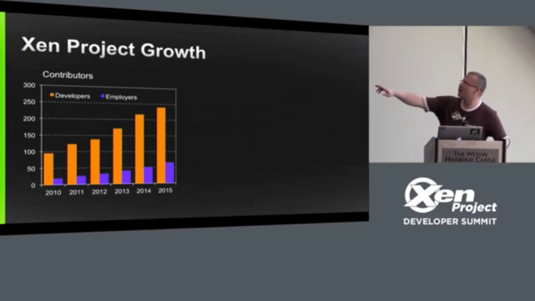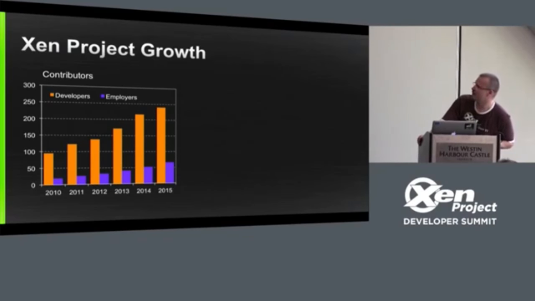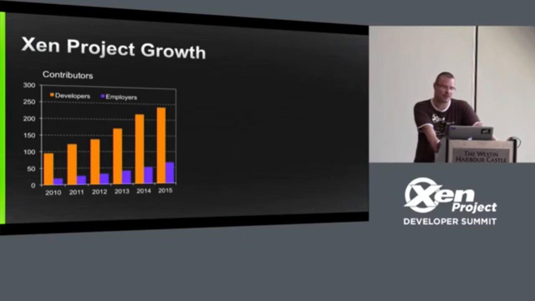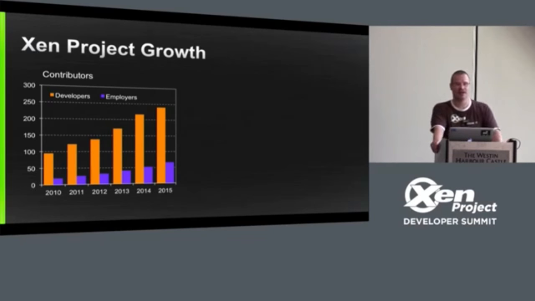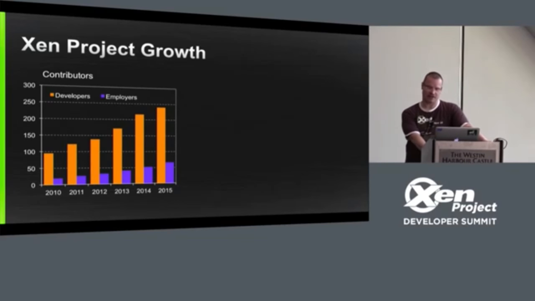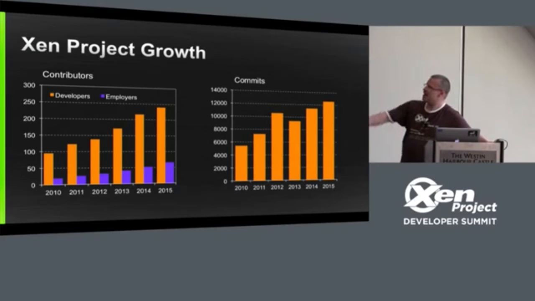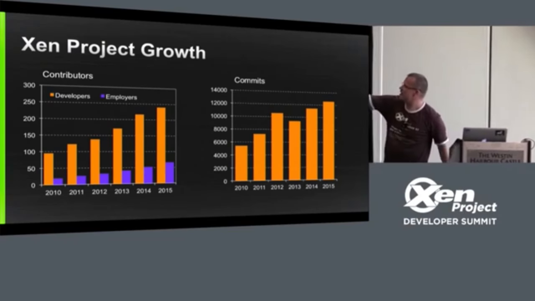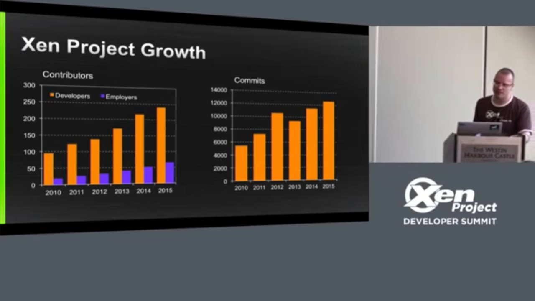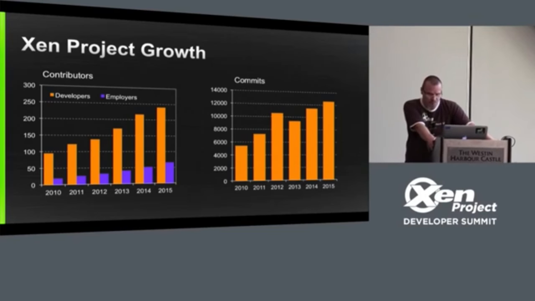This shows the overall growth in terms of organizations and developers who've contributed per year to all our sub-projects. That's the Hypervisor, XAPI, Mirage OS, which is one of the unikernel projects, the Windows driver project, and so on. And here you also see the same trajectory in terms of commits.